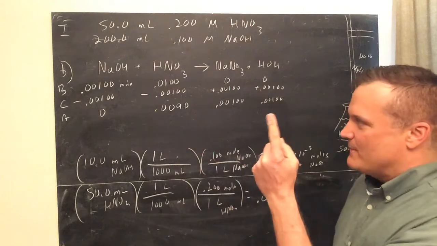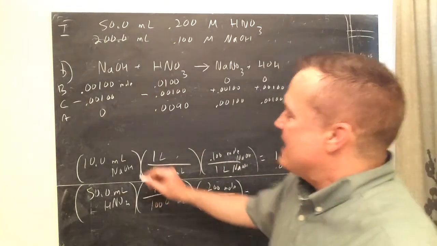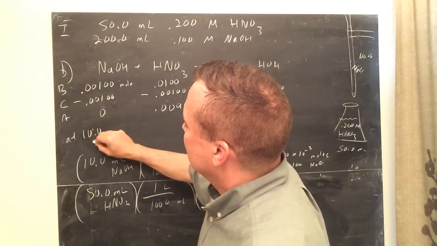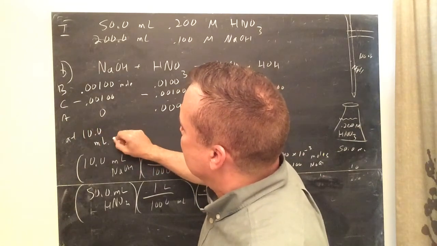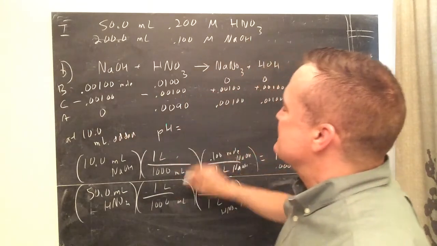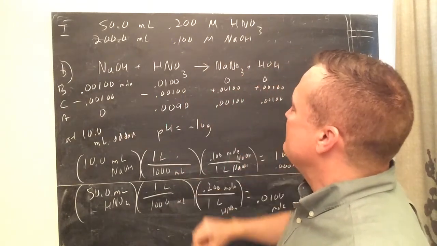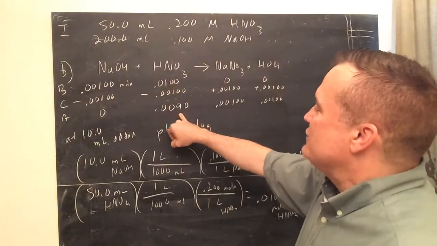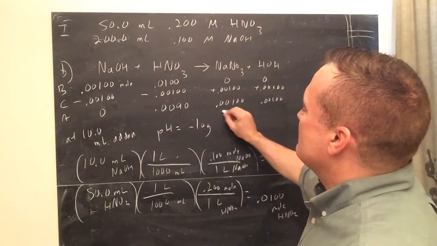Okay, so the main thing is now, when you're finished, we want to find what is the pH after you add it at that very moment. At 10 milliliters added, pH will equal, okay, it's the negative log of the HNO3, which is H+. But now you got to remember this. It's going to be the molarity now.